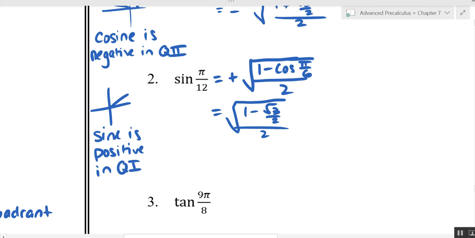And we use baby fractions again, multiplying top and bottom by 2. We wind up with square root of square root of 2 minus or plus root 3 over 4.